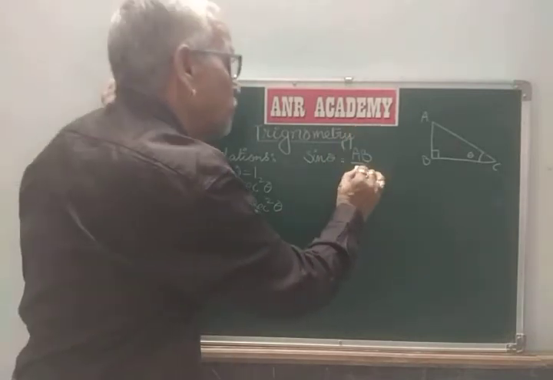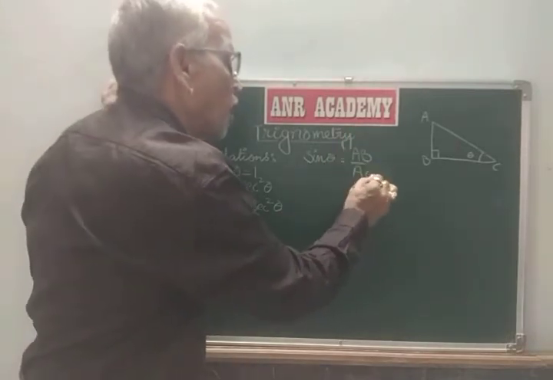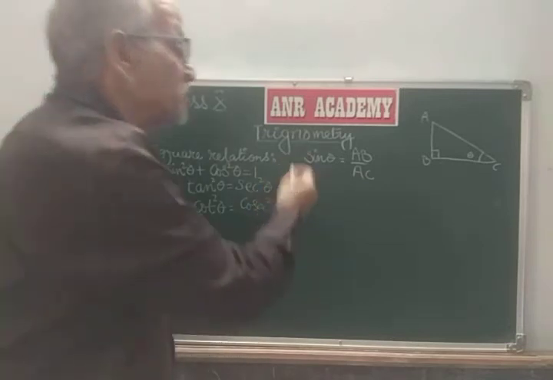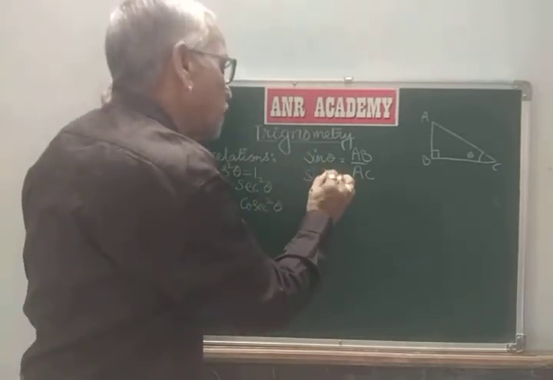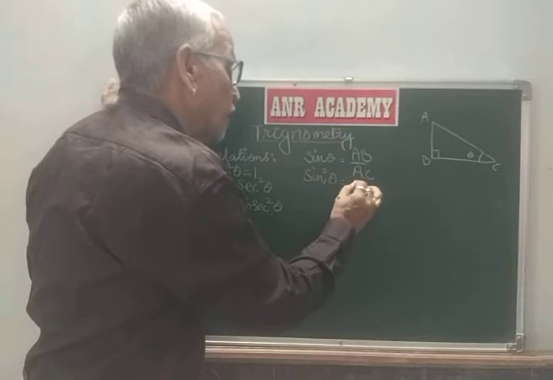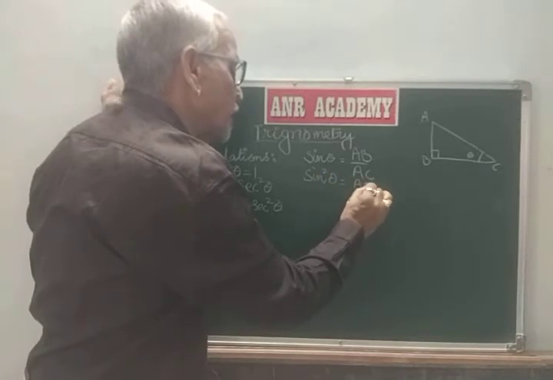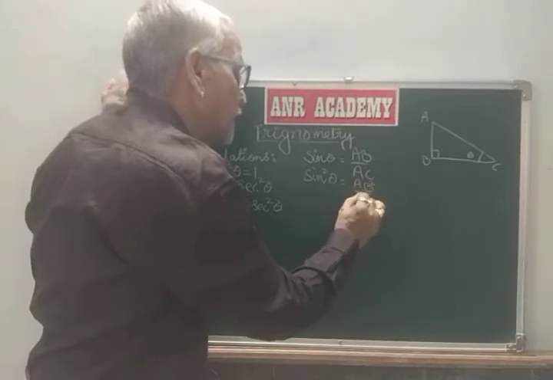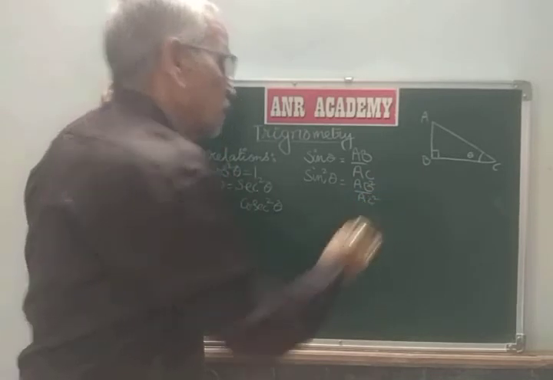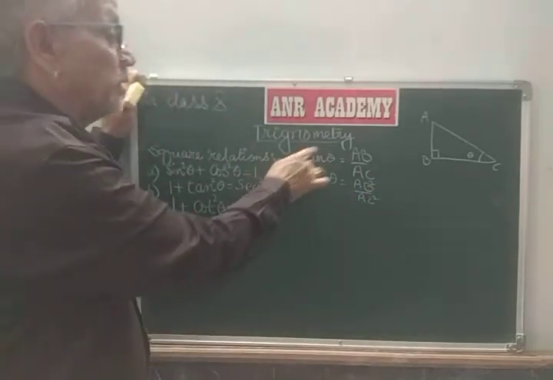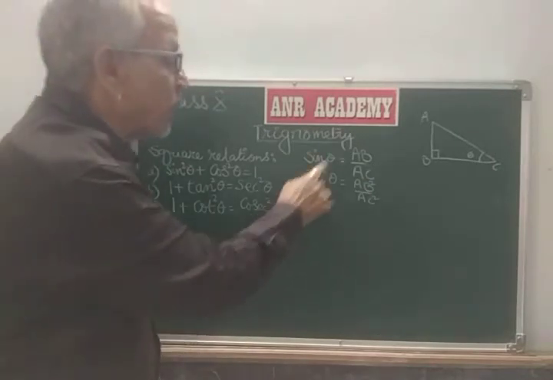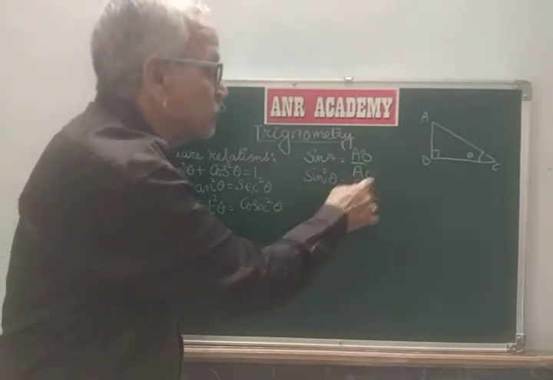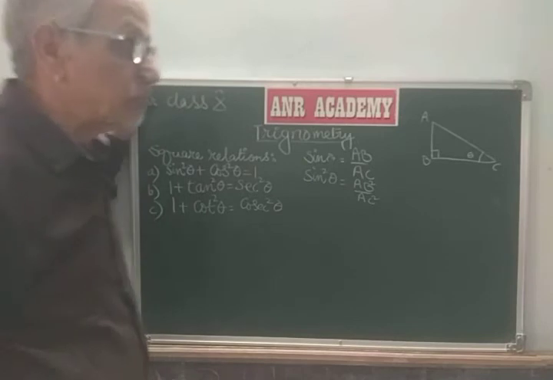So sin theta is AB by AC, and sin square theta is AB square by AC square.